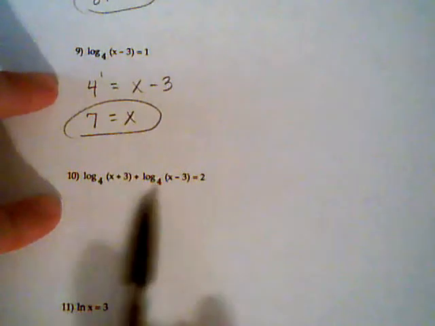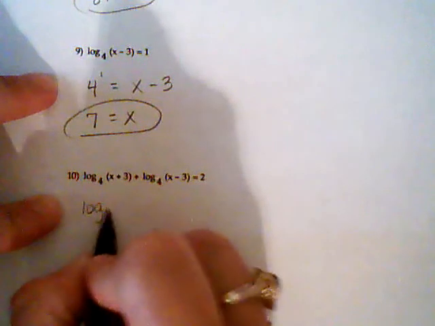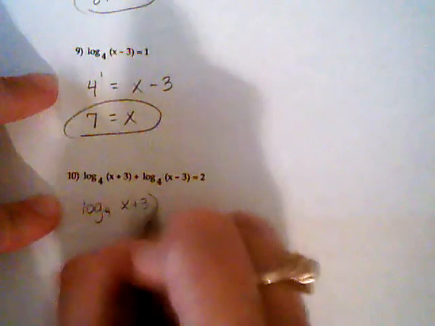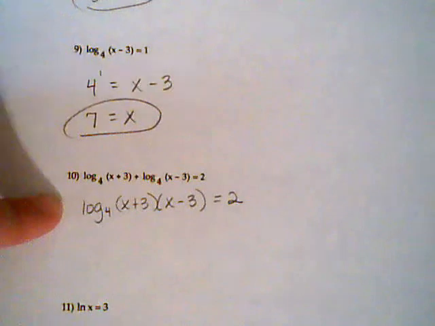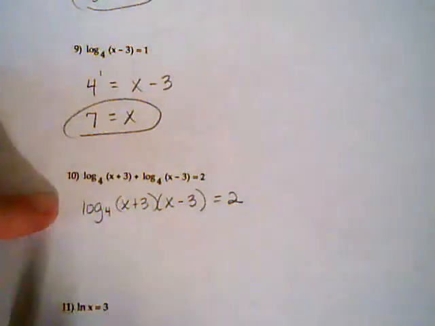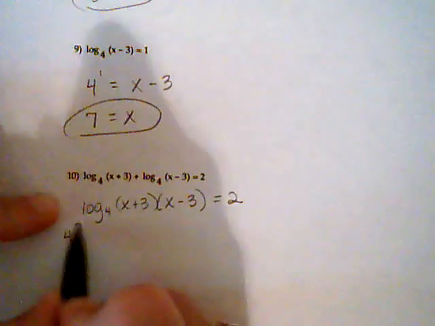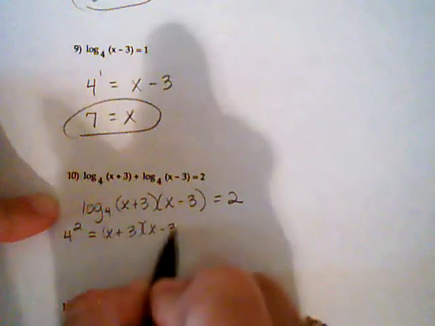I can condense these two logs into one, so it would be log base 4 of a product, x plus 3 times x minus 3 equals 2. So what good will it do if we condense it to one log? Well, that means I can then convert, just like we did on number 9. It would be 4 to the 2nd power is equal to x plus 3 times x minus 3.